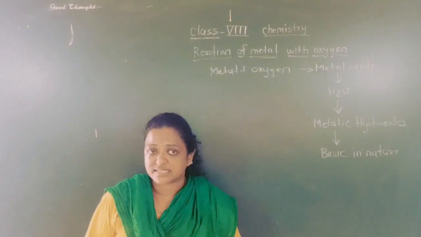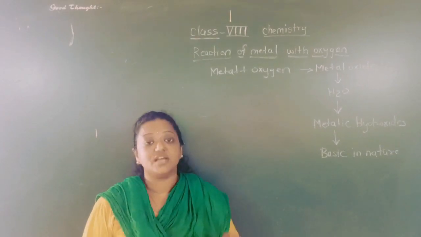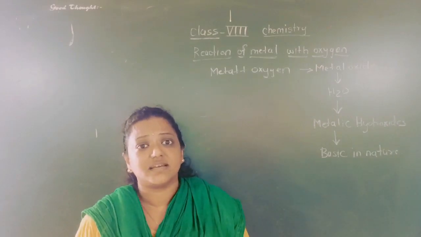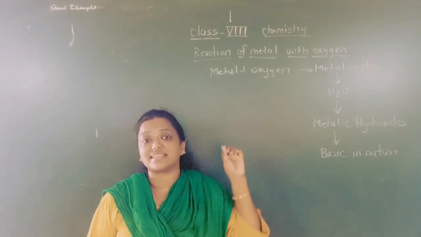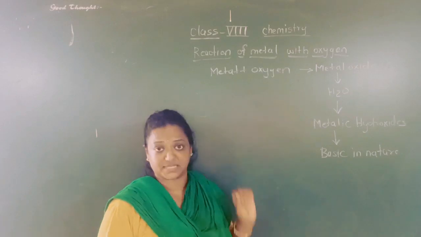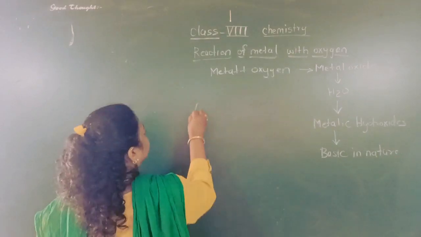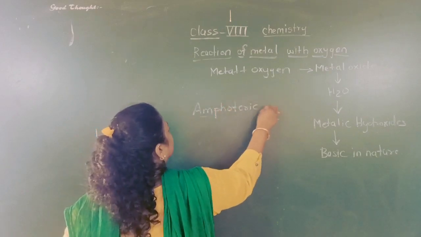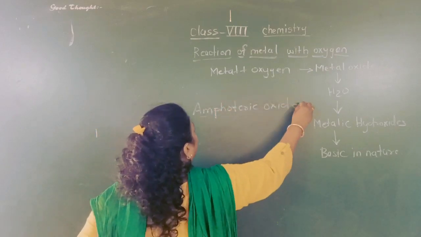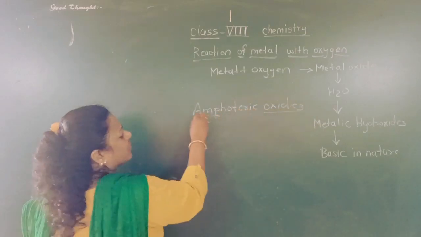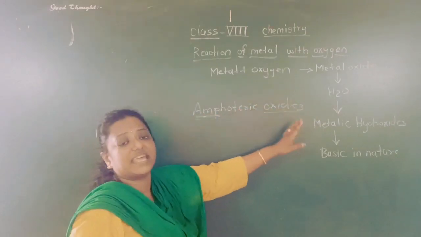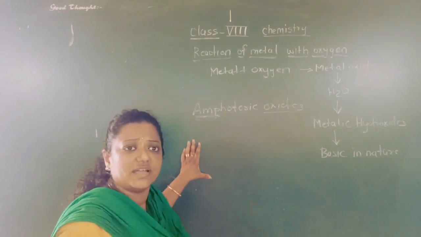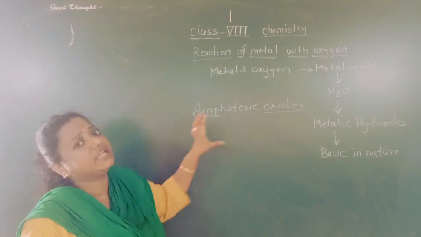Amphoteric oxides are those oxides which behave like acid and base both. Ampho means what? Both. Amphoteric oxides behave like an acid also and like a base also in the presence of acid and base.